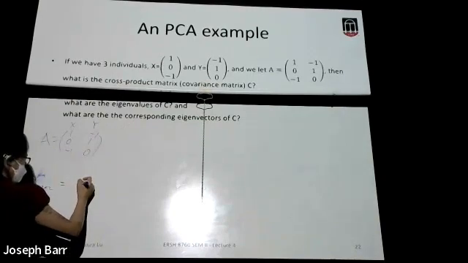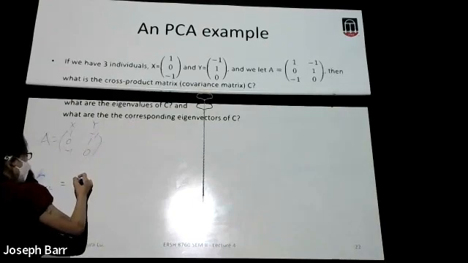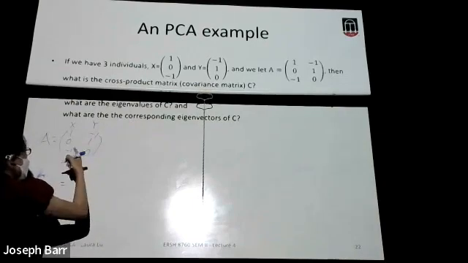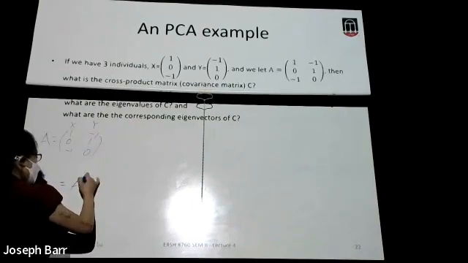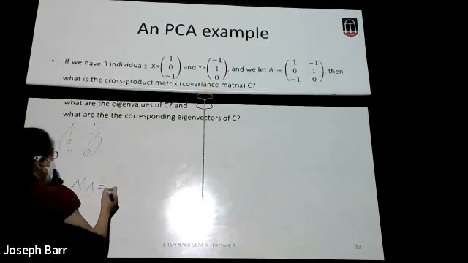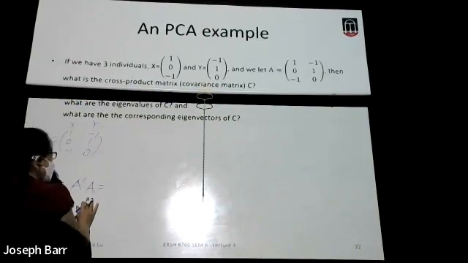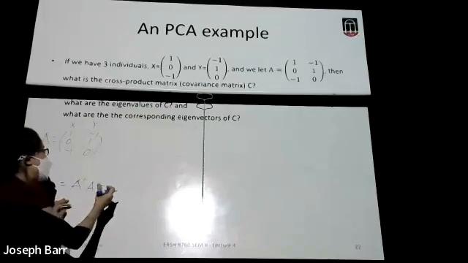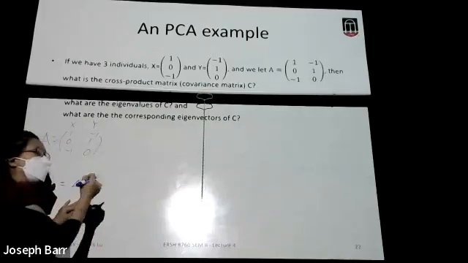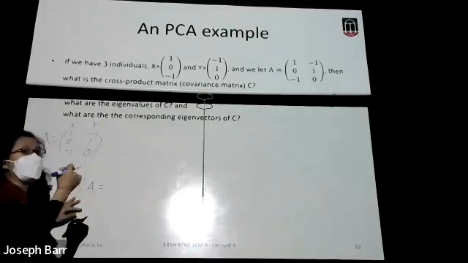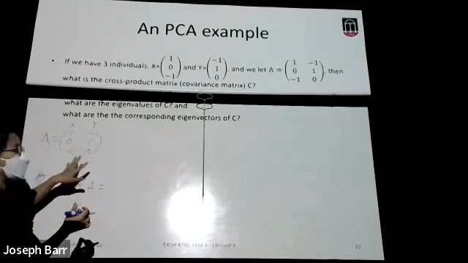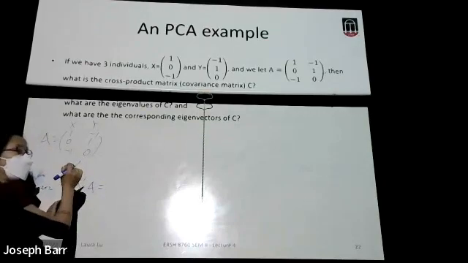We have the A matrix here, so A transpose times A. Of course, we need to use the sample size to rescale to get the covariance matrix. But in order to simplify the calculation, we just ignore the sample size.